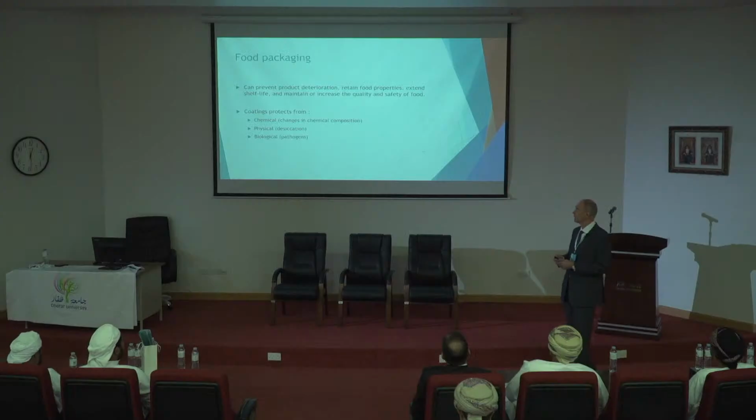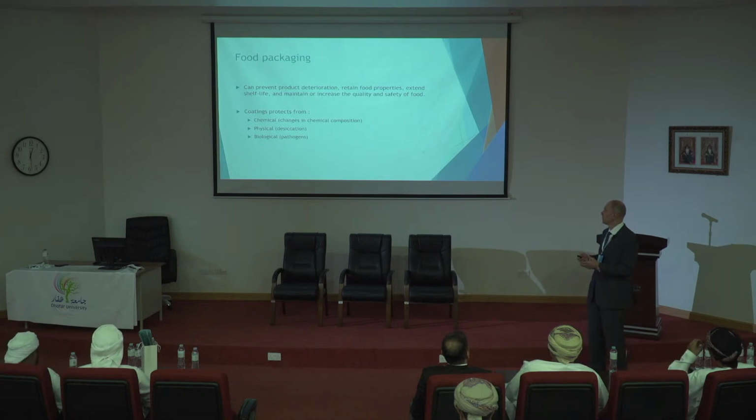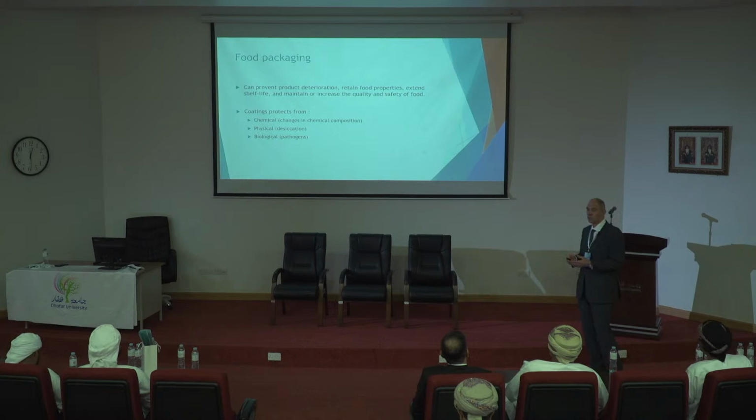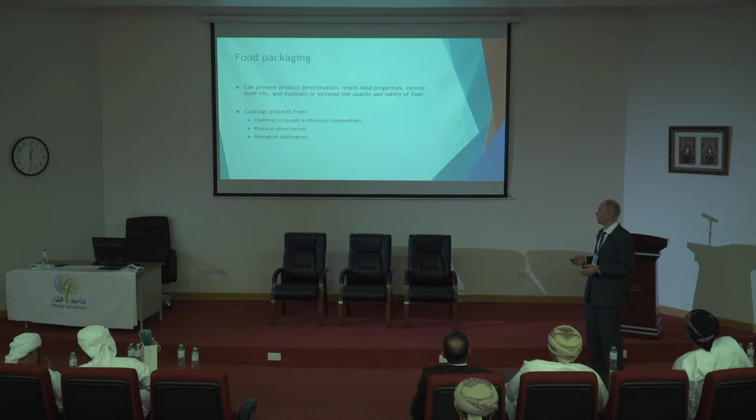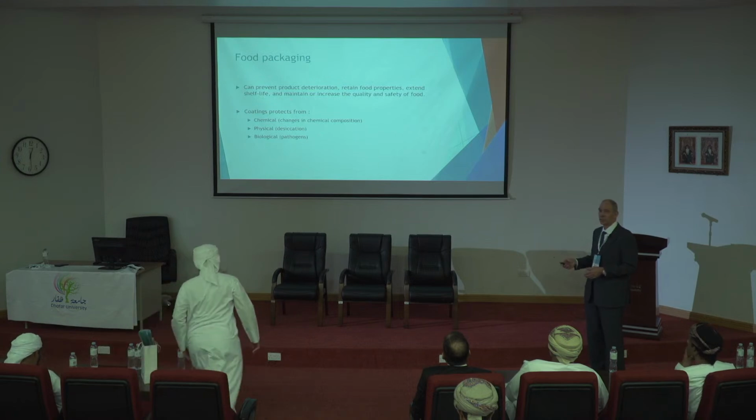So first of all, food packaging. Why does food need to be packed? In order to protect the food and keep it longer. Coatings protect from a number of issues, such as changes in chemical composition, desiccation, physical processes, and pathogens.